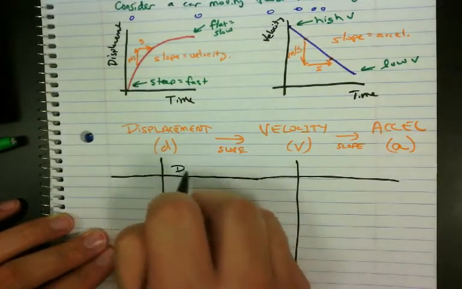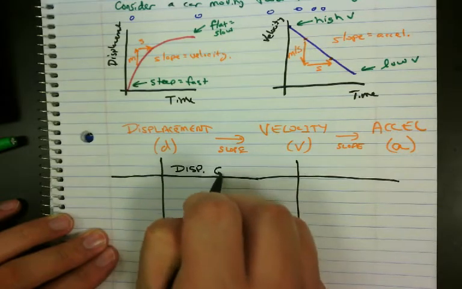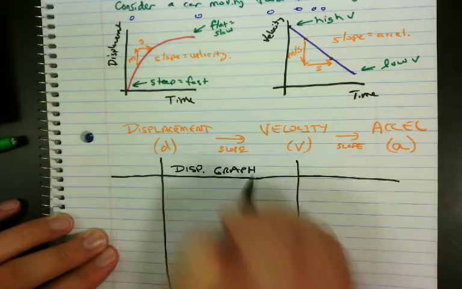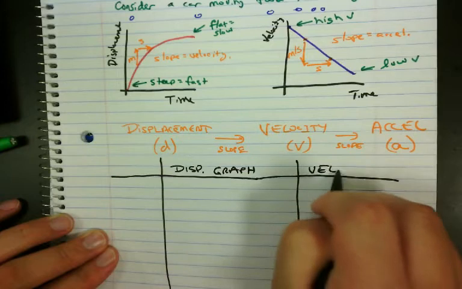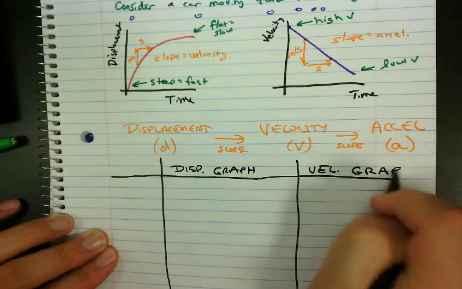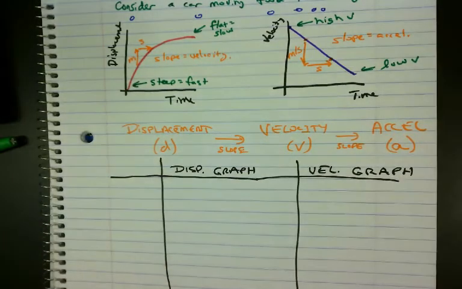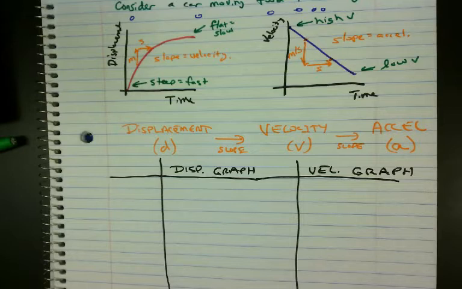The second column is going to be a displacement graph, and the third column is going to be a velocity graph. And there are 3 questions that I want to be able to ask when I look at a graph.